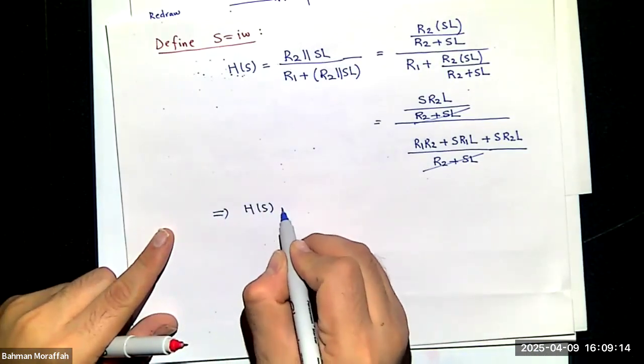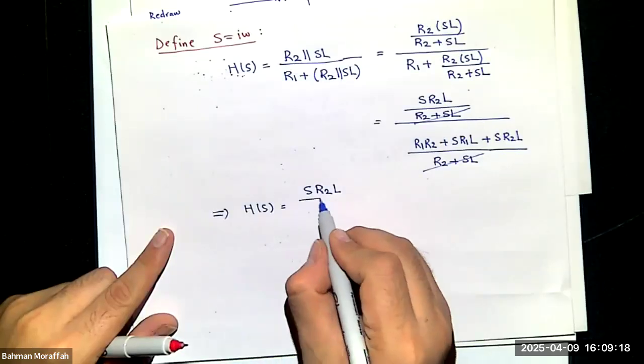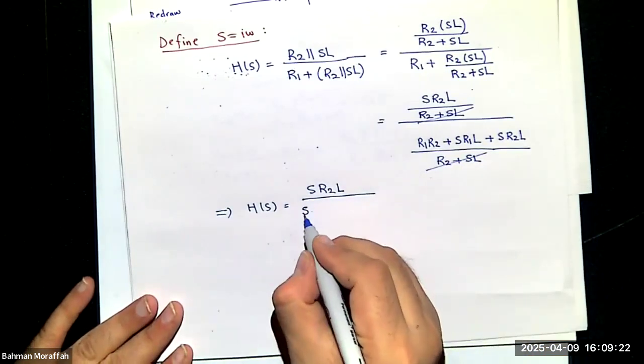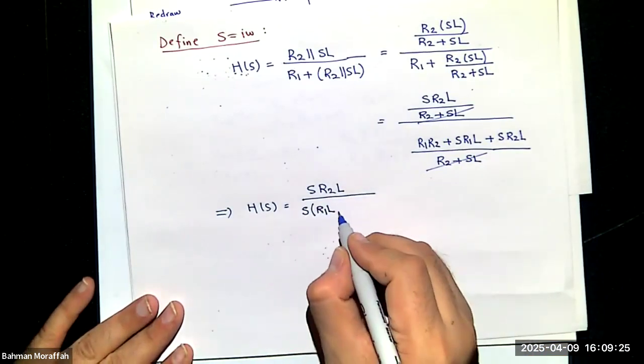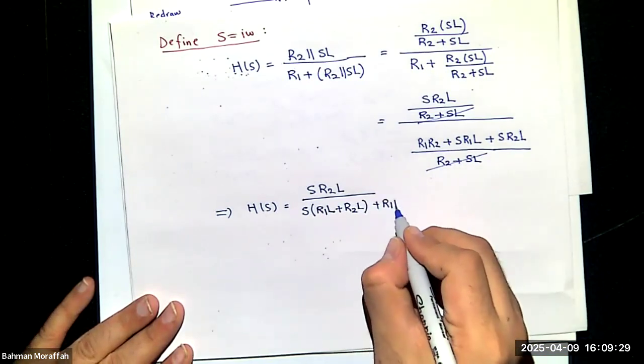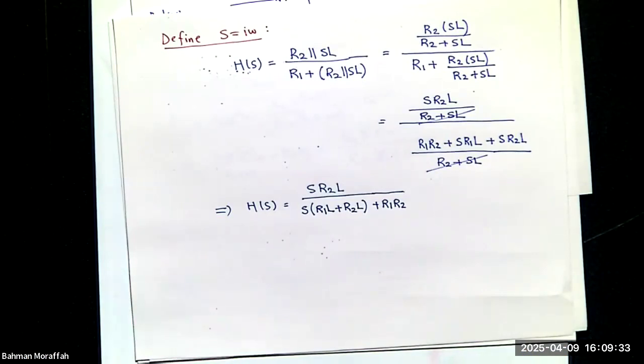H of s becomes s R2 L divided by, I'm going to factor out this s, so it's s times (R1 L plus R2 L) plus R1 R2. Do you agree with that?